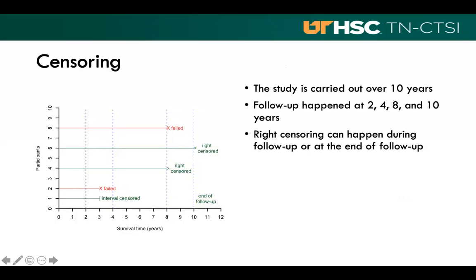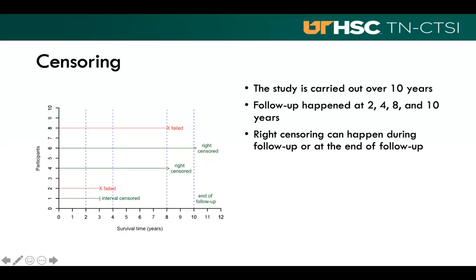So the participant at time 3, when we didn't follow up, might have developed the condition or might have left the study. The first one left the study without developing the condition. The other one developed the condition. For both participants, there is incomplete information, and we say the one who developed the condition failed, and the one who left the study is interval censored.